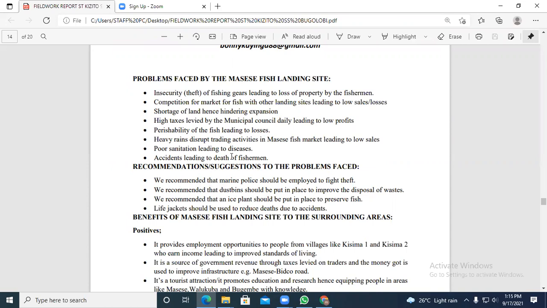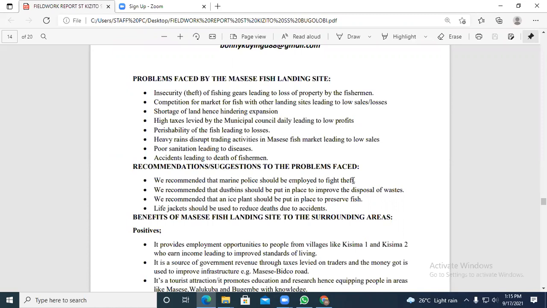Are you getting what I'm saying? Yes. It has to be past tense. And your recommendation should have a problem to be solved. We recommended that Marine Police at Masese Fish Landing Site should be employed to fight a problem of theft.